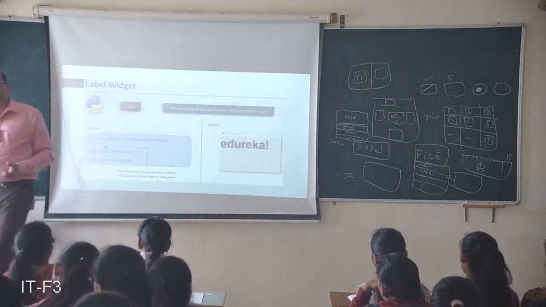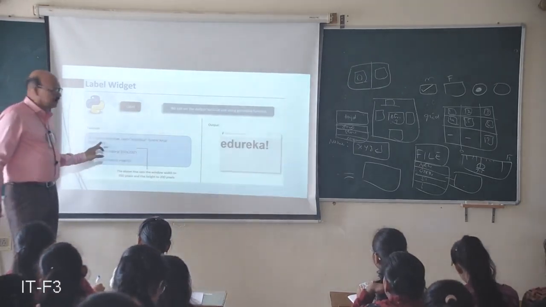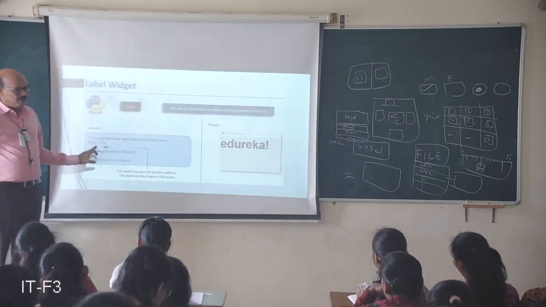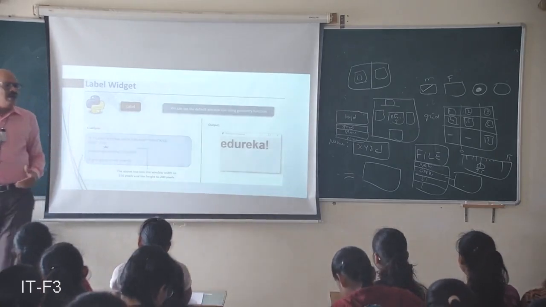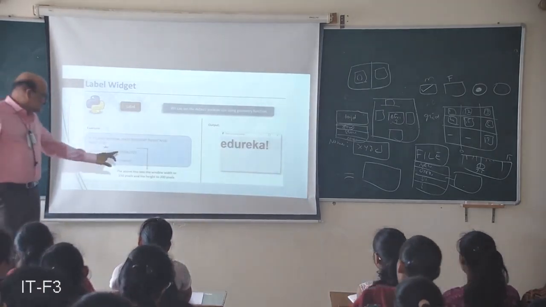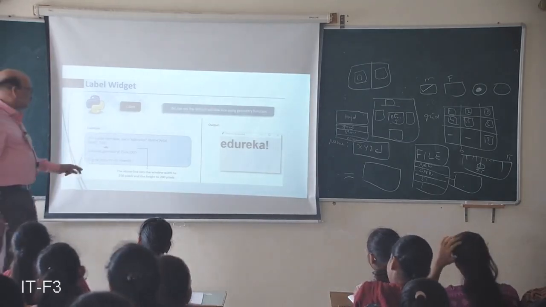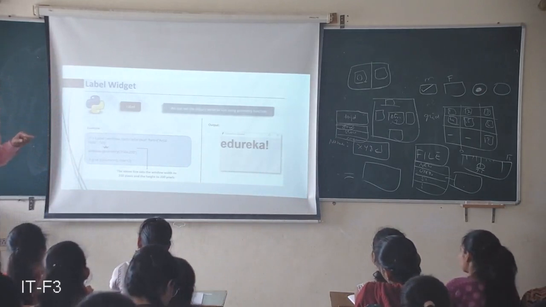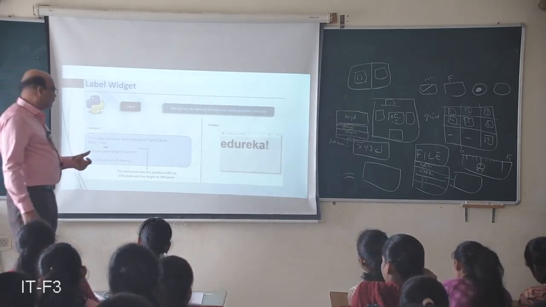What is the font type that you want to use for displaying the label, and what is the font size? Font Arial, and I want to display it in bold. What is the size? 50. Next, what is the size of the label that you want to display? 350 into 200. What is this 350? 350 is the width and 200 is the height. So that will be the label size that will be fixed.